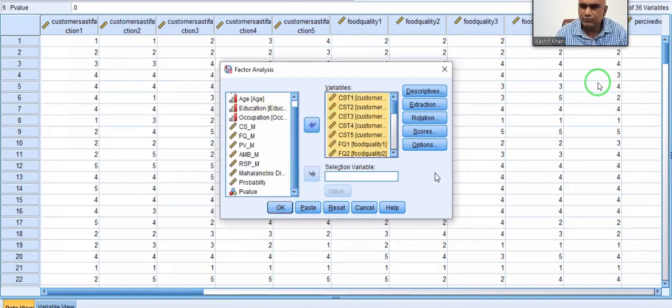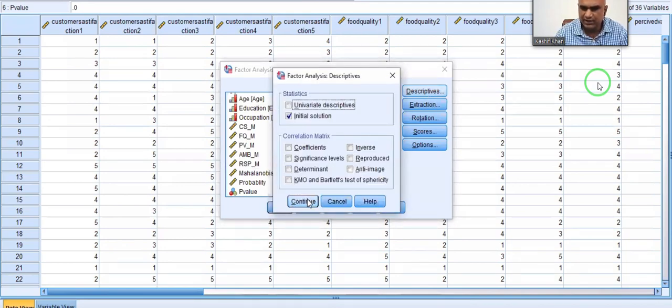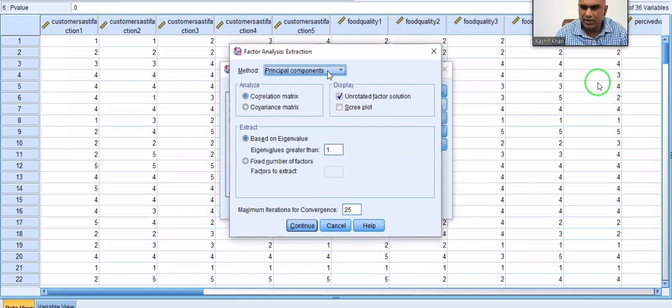Okay. And then I'll go here, descriptive, leave as it is, no need to do anything. Extraction, I'll change this extraction from principal component to principal axis factoring, and I'll put fixed here, and I'll put 1. Basically, I'm forcing my data to load into one factor, and then I'm trying to see if any of my items explain variance larger than 50%, right?